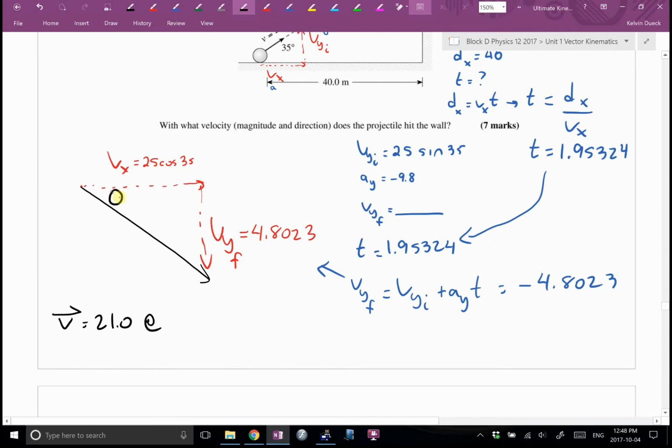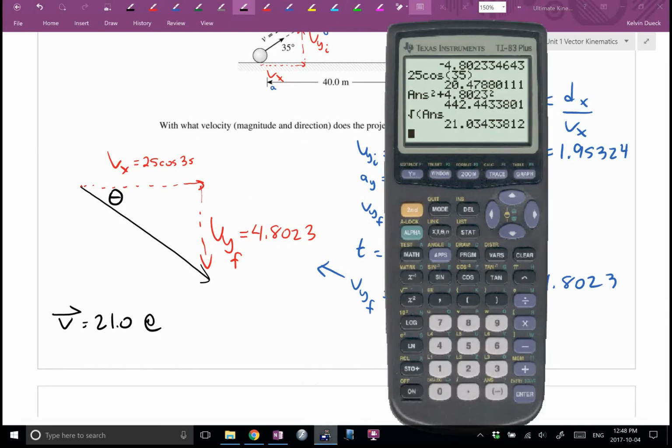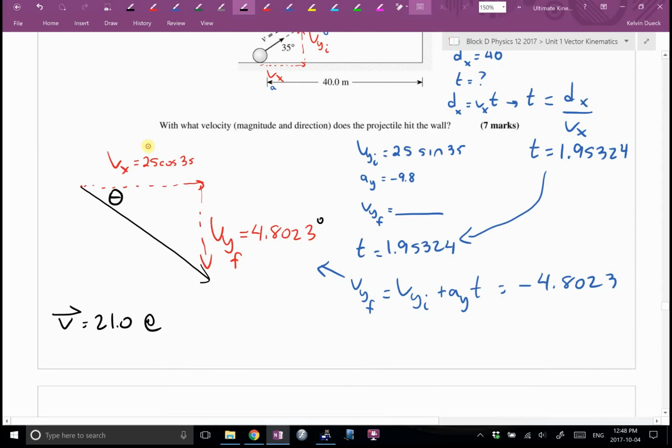Theta always goes where the vector is originating from. It's going to be opposite over adjacent. Tan again.